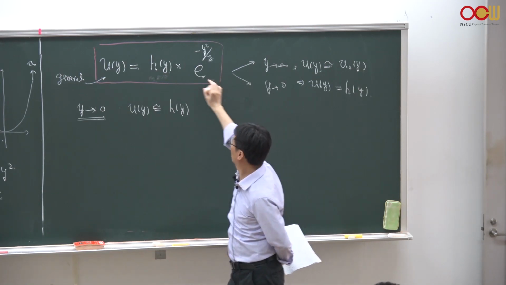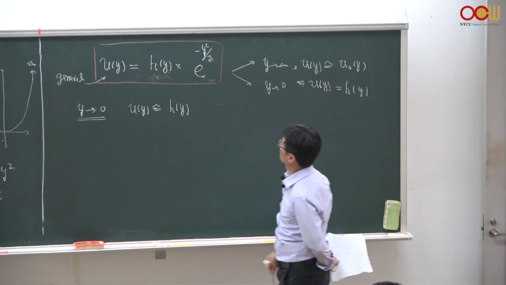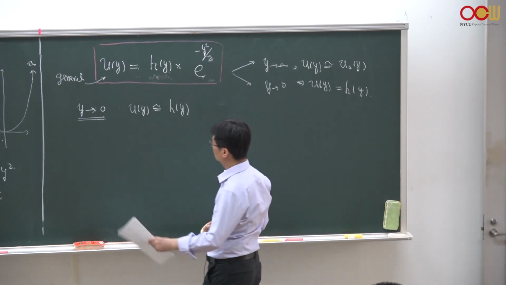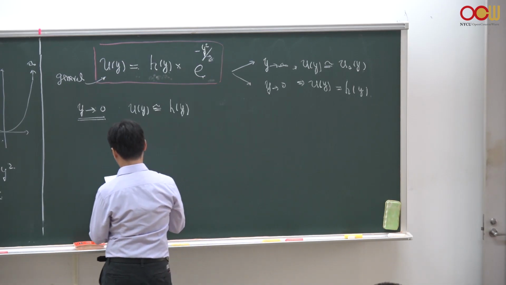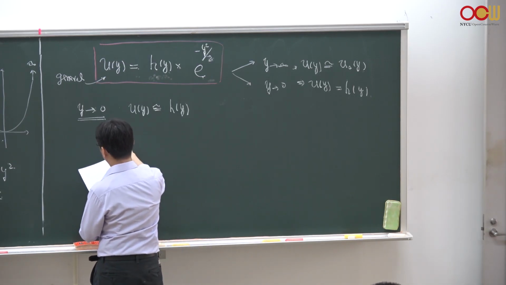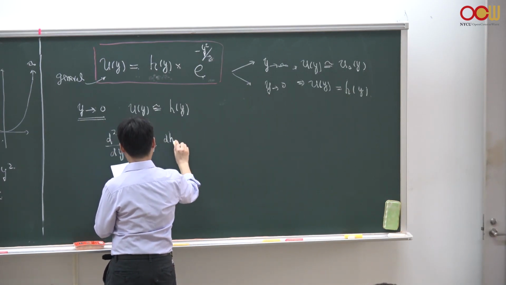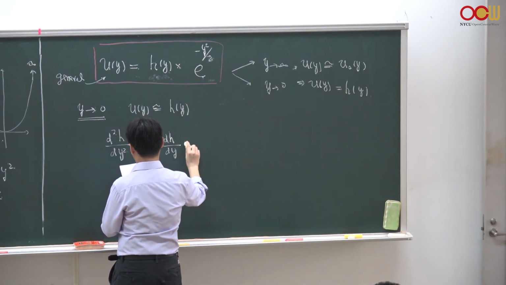So this u of y reduces to h of y, right? But what is the h function? Well, you simply just plug in this solution and try to find this out.